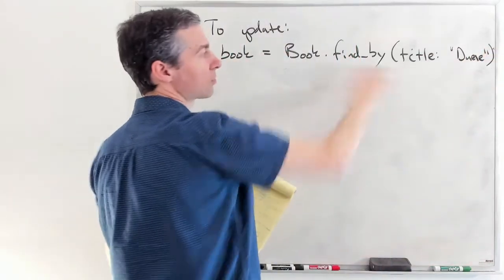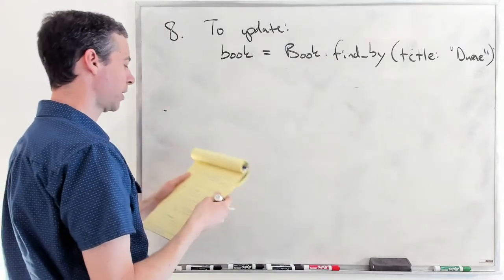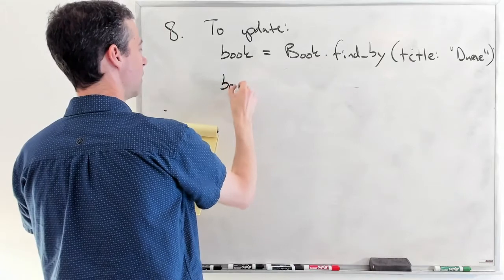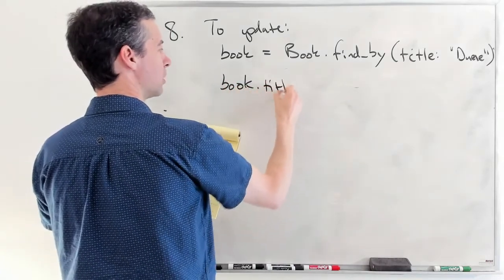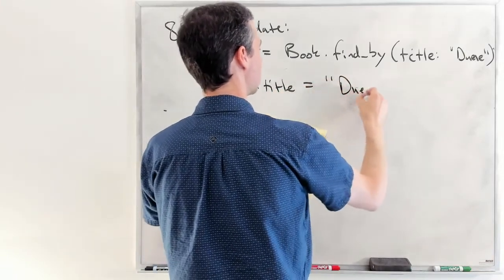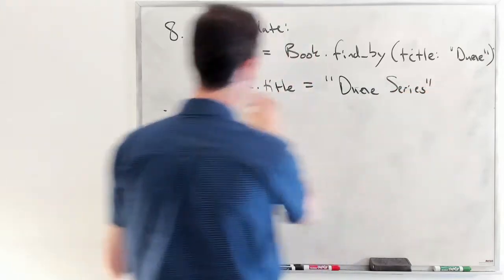And assuming there's only one book with the title Dune, this will work. I get that one single book back here. And then let's say I want to change the title. Well, it's not hard. I just treat it like an object. And let's say I really meant to call this the Dune series for whatever reason. All right, so it's going to change the title.